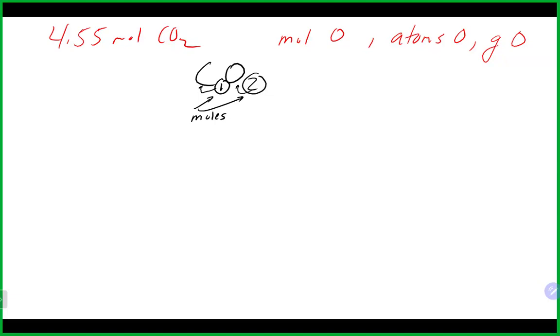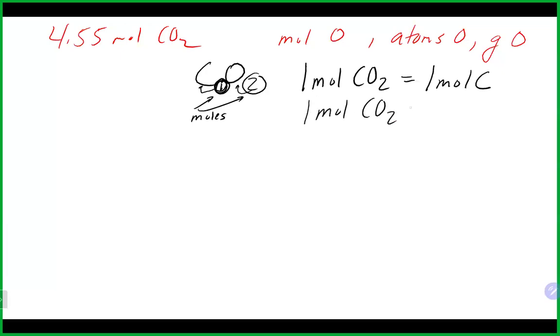So we could actually get a mole to mole relationship just using the formula. So we could say that in 1 mole of CO2, the entire thing, there would be just 1 mole of carbon. And again, that comes from the one on the bottom, basically. And we could also say in 1 mole of CO2, the entire thing, there is how many moles of oxygen?